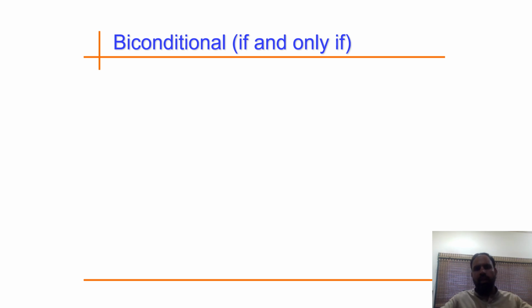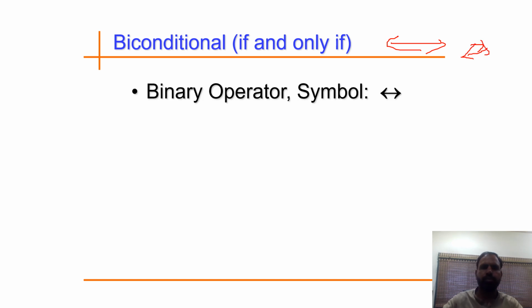If and only if can be written in mathematical form. It can also be written with a double arrow like this. This is the binary operator symbol used.